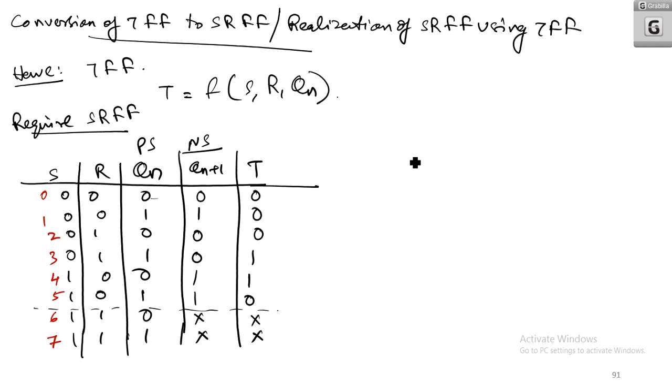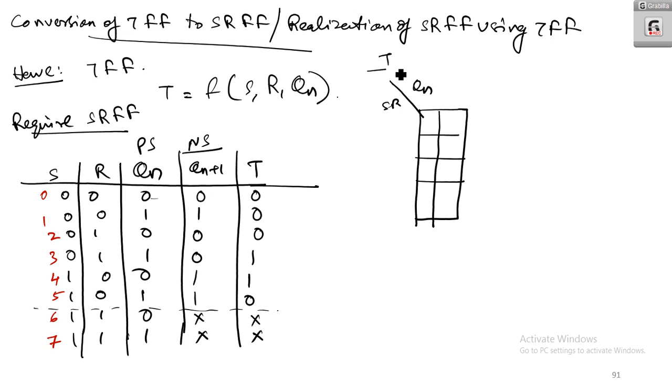Now coming to the K-map, I'm going to form the K-map. We have S, R and Qn, and you need to find the expression for T. The columns are 00, 01, 11, 10, that is S bar R bar, S bar R, S R, S R bar, and the rows are Qn bar and Qn, with cells 0 to 7.